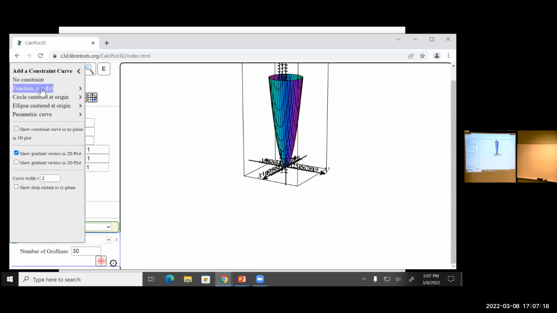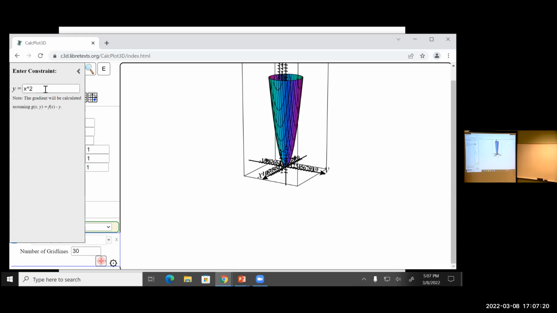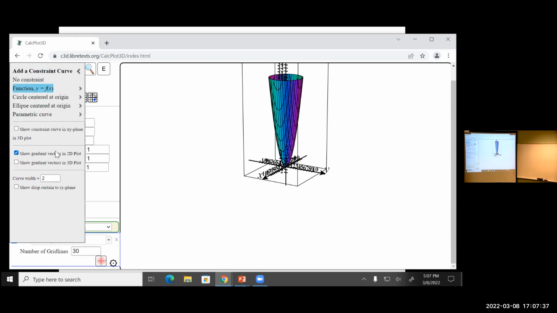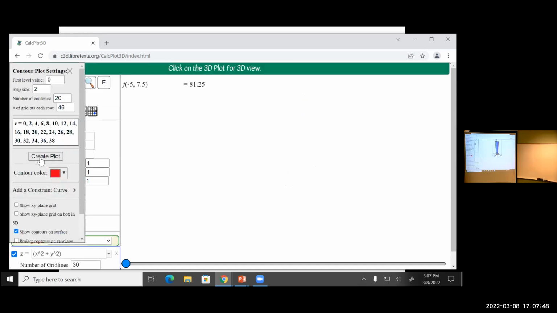It's a linear function, and so all I'm doing is taking x plus 2y equals 10, that was our constraint equation, and solving it for y, which would be 5 minus x over 2. Okay, so that'll put our constraint equation on there. Now, it's y equals f of x, so it's not going to put on the plane. It's going to put on what the plane would cut out. And you'll see what I mean here in a second, and then I'll show you.